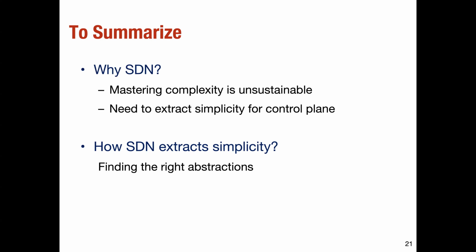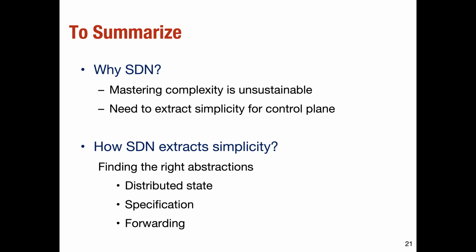It does so by finding the right abstractions. And the three abstractions that software-defined networking focuses on are the distributed state abstraction, the specification abstraction, and the forwarding abstraction, right? So this is, in some sense, why we need software-defined networking, why we need to extract simplicity, and how software-defined networking extracts simplicity, right? So we have answered those questions so far.